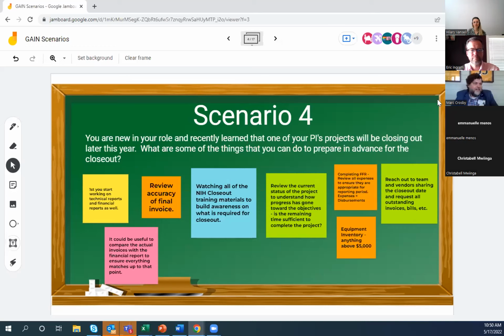So we talked about submitting the final invoice and reviewing the accuracy of the final invoice before we submit it to the donor for disbursement of funds. We talked about submitting the FFR.